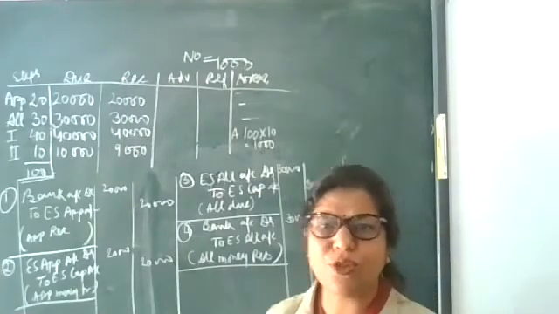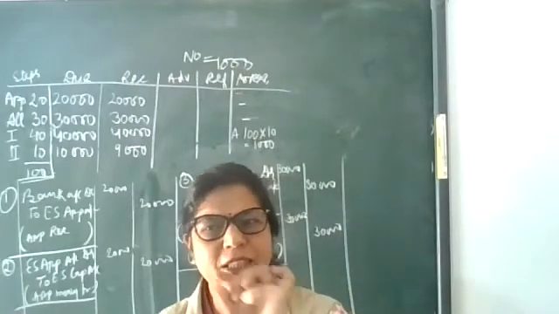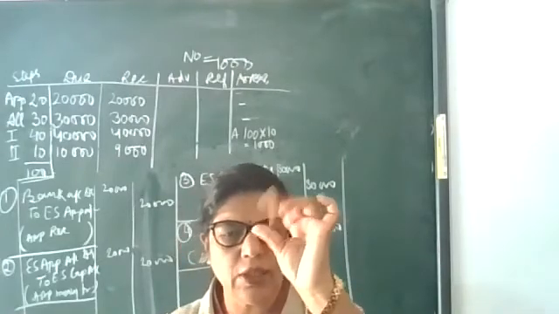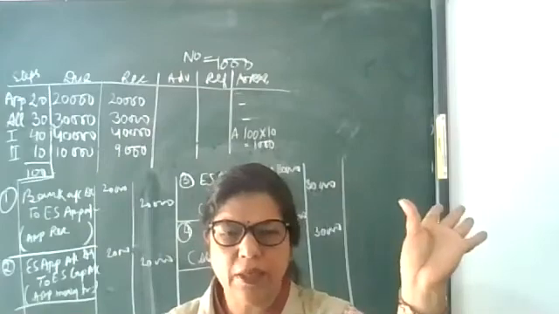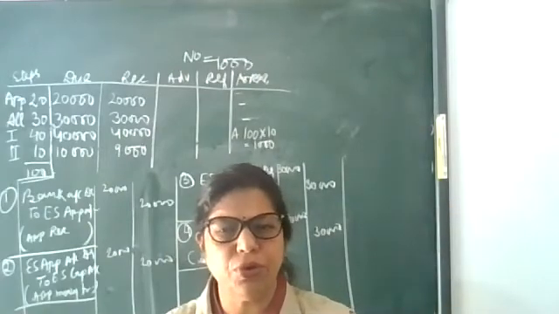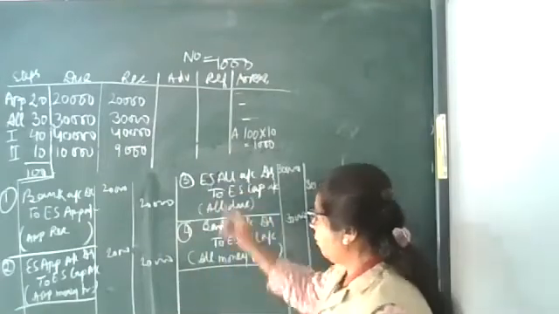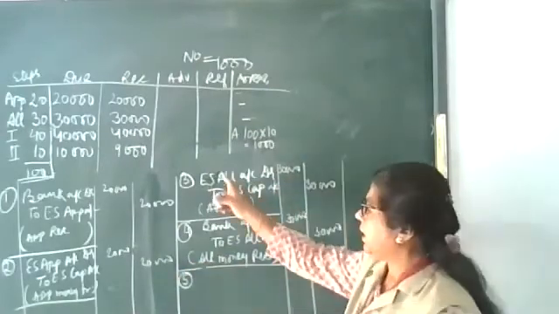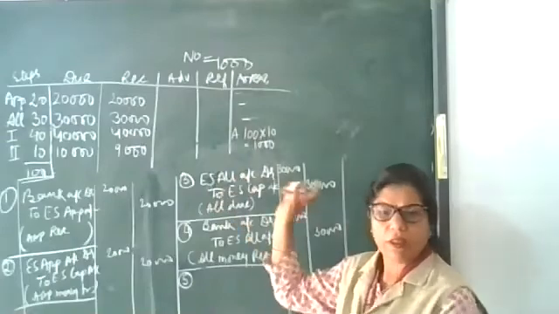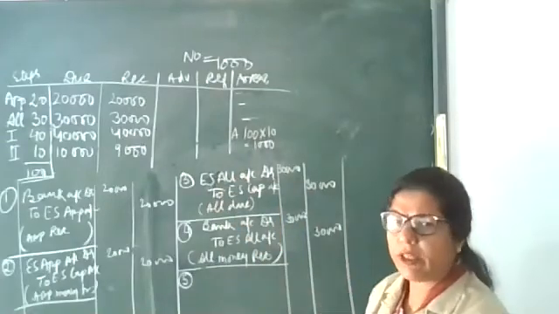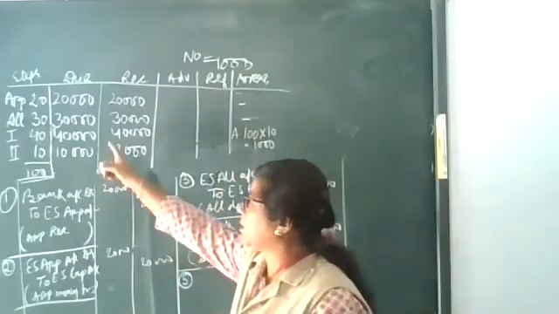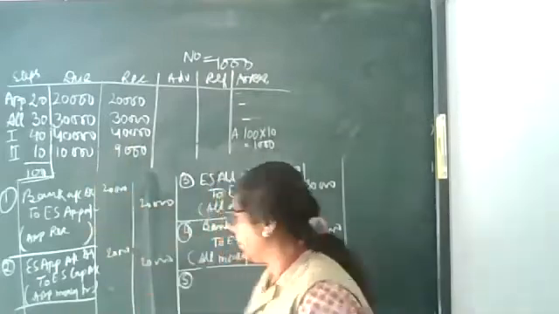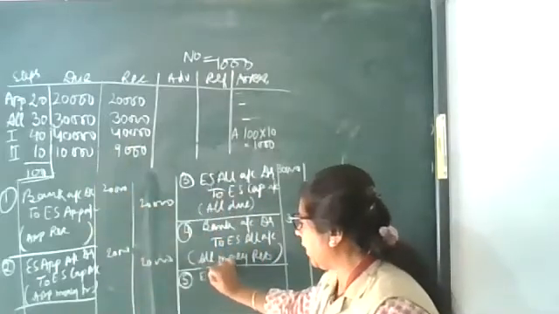Now there is no problem. Just remove one word, that is allotment, then you will be able to do all the entries. See, in the fifth entry, I am going to tell you how to do it. ES allotment: remove that allotment word and put the first word, because now the process will be the same. So what will you write?